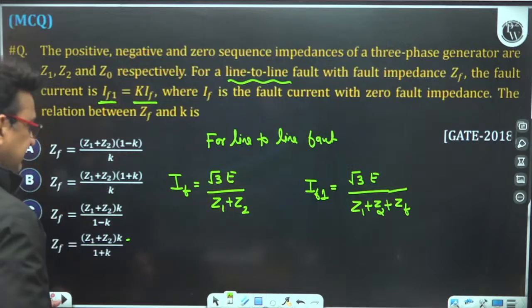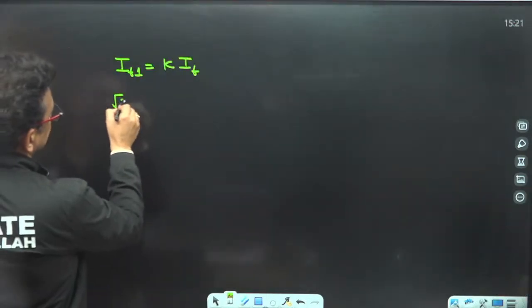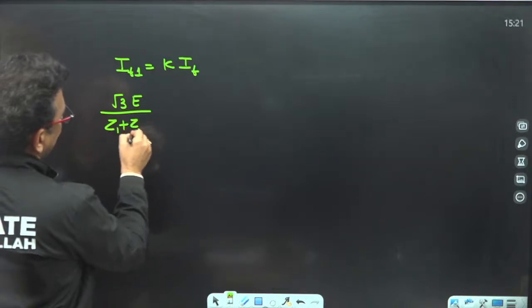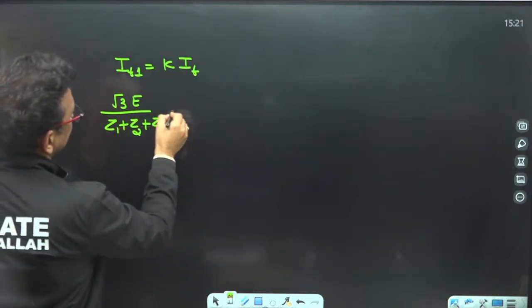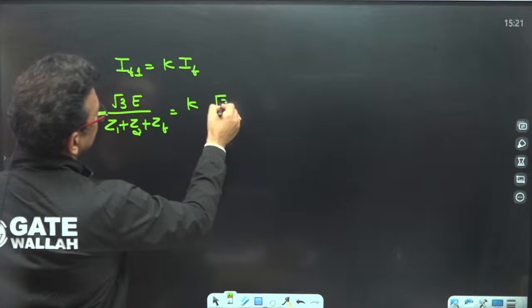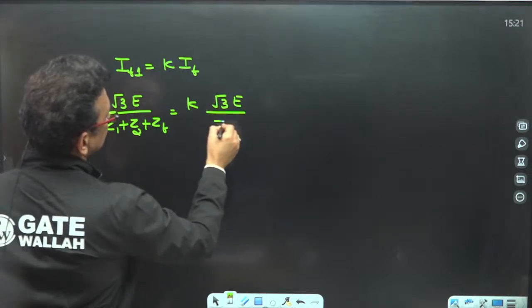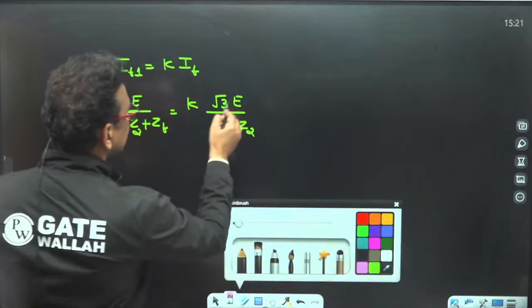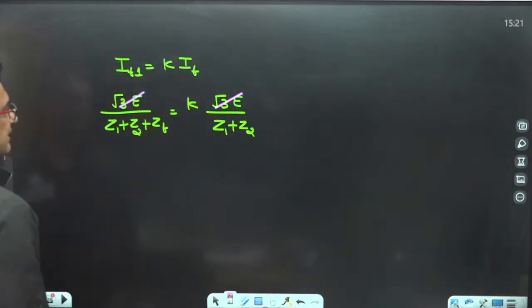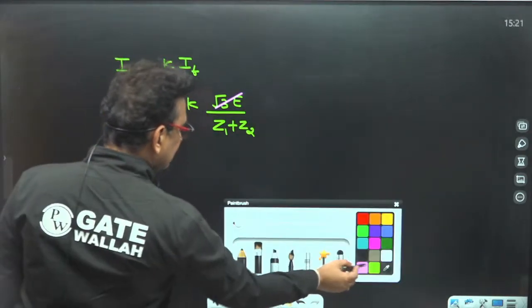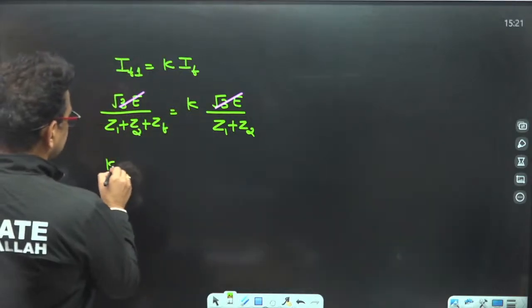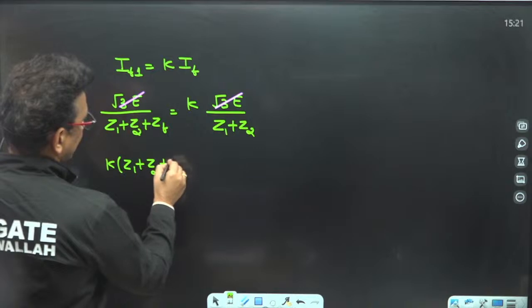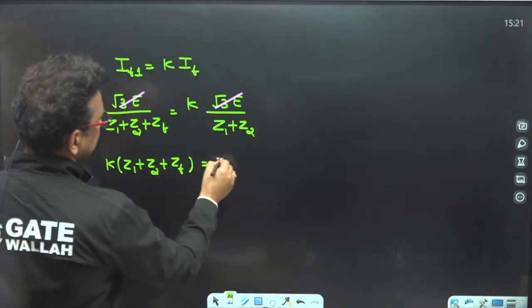That means root 3 E divided by Z1 plus Z2 plus ZF is K times root 3 E divided by Z1 plus Z2. Root 3 and E would cancel out. Now, K times (Z1 plus Z2 plus ZF) is Z1 plus Z2.